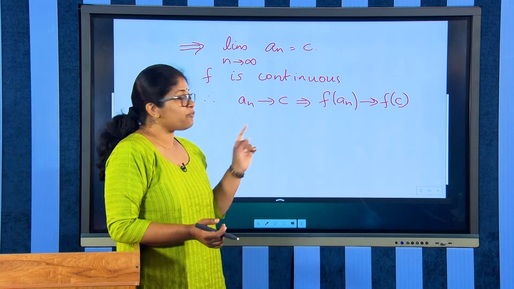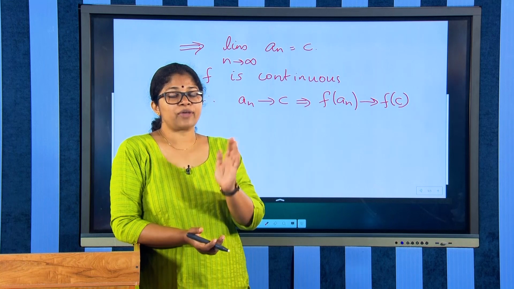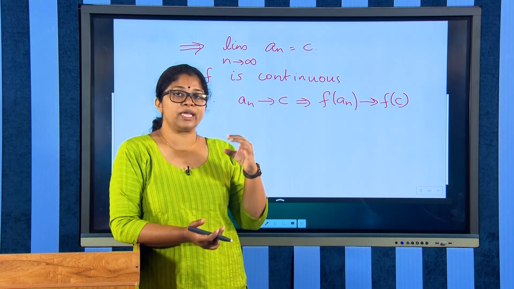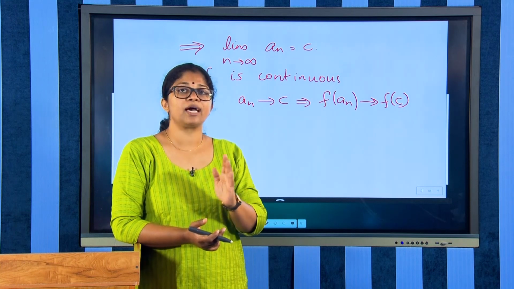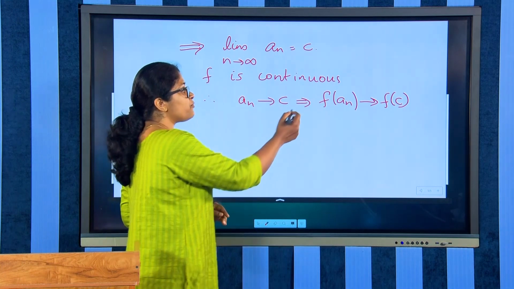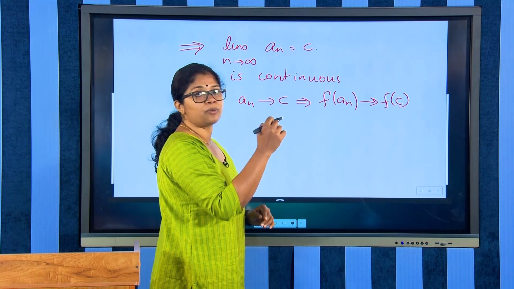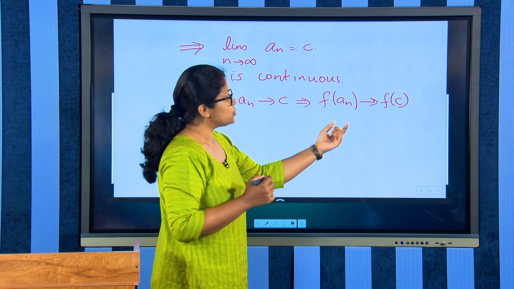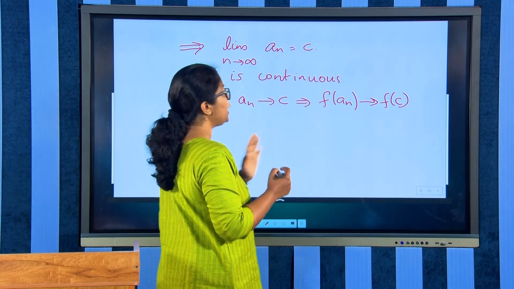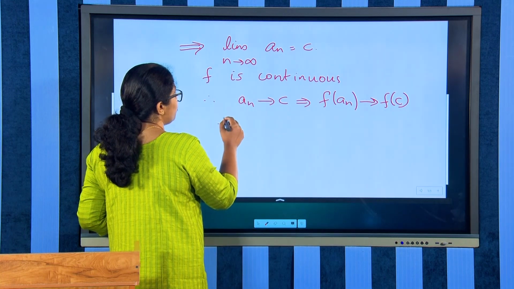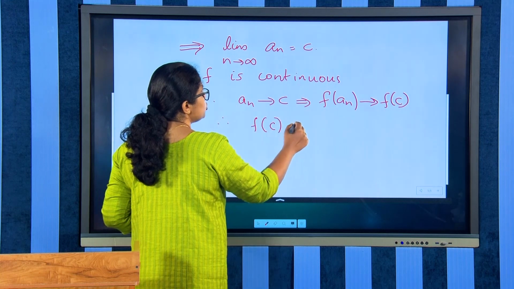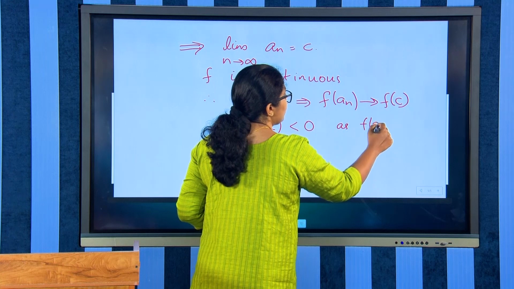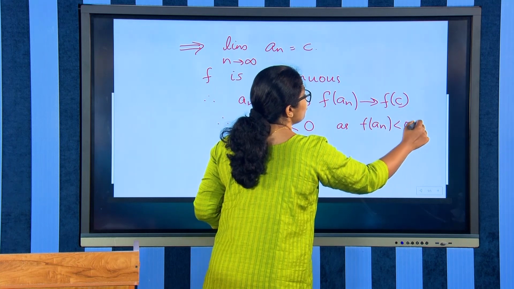And what about this f of An for every n? The f of An's are the left sides. So in every bifurcation of the interval, we had restricted our left side such that f of An is less than 0. So this is a sequence of negative terms. So obviously f of C should be less than 0.